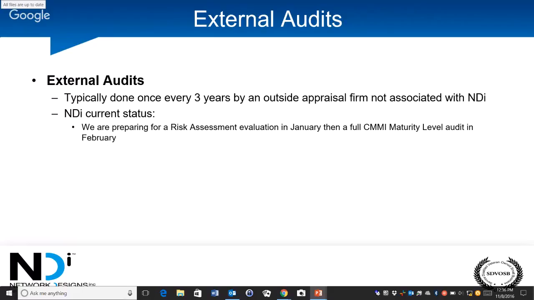Then they will do a full CMMI maturity level audit in February, and that will be done to verify that we have maintained our current CMMI maturity level, and then furthermore to continue to improve so that we can climb that ladder to other levels of CMMI maturity, showing that we really have taken to heart as a company all of these process areas, our processes, our policies, that we are doing them consistently.